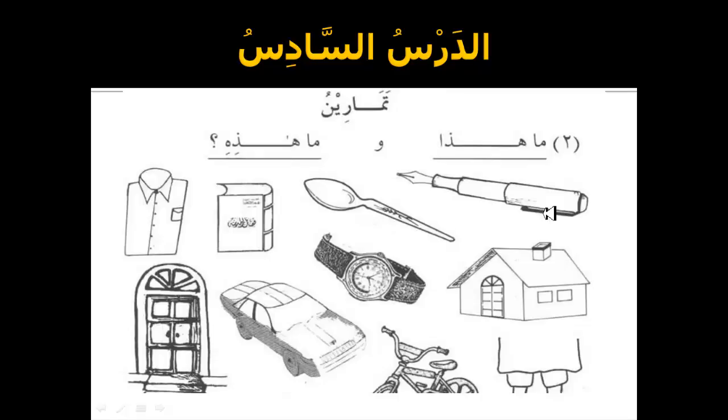So now we'll just mention these items. This is a pen, and you might want to write that is masculine or plural. So we have the pen is masculine. The milaka, the spoon, is feminine. Kitab is masculine. Qamis, masculine word.